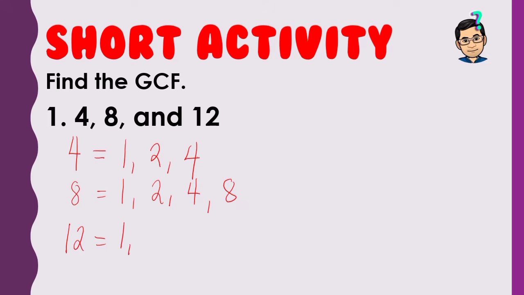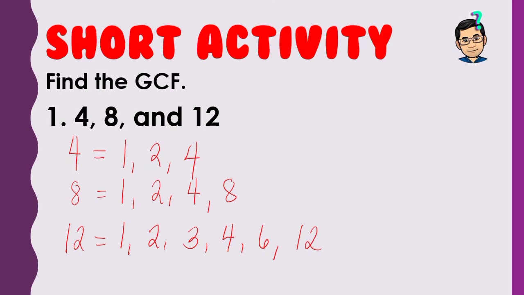Factors are 1, 2, 3, 4, 6, and 12. The factors we get are the numbers that can divide that number without a remainder. As you can see, the factors of 4, 8, and 12 are now listed down.